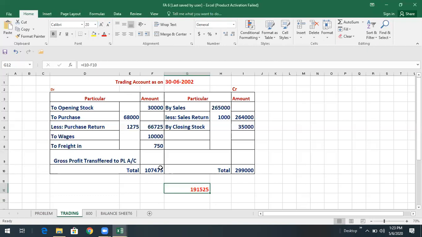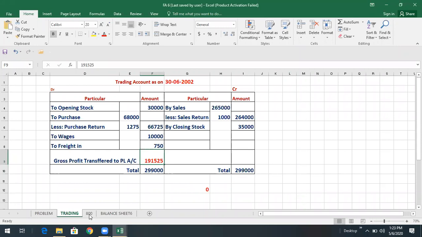So 1,91,525. What is this? This is the gross profit. So I am entering here 1,91,525 rupees, which I call gross profit. This gross profit I am transferring to the profit and loss account. So once again, what is the value? 1,91,525.